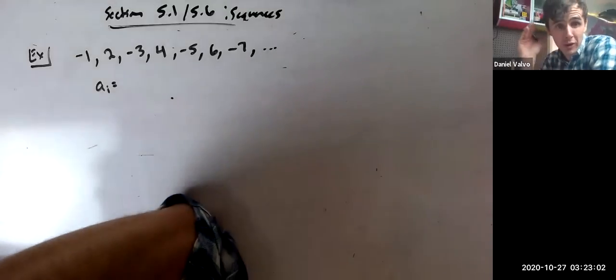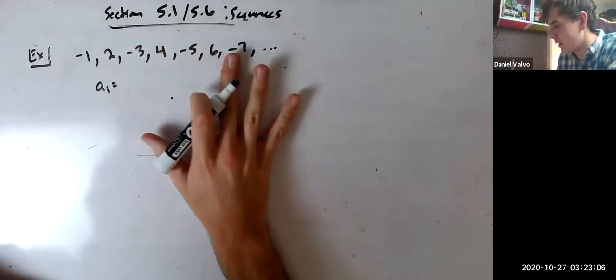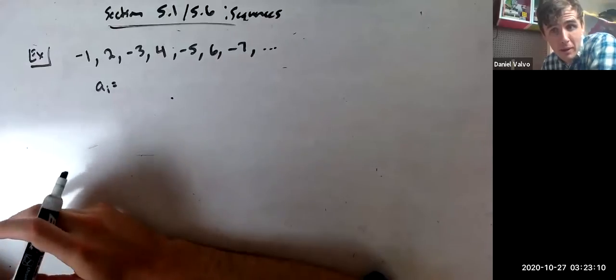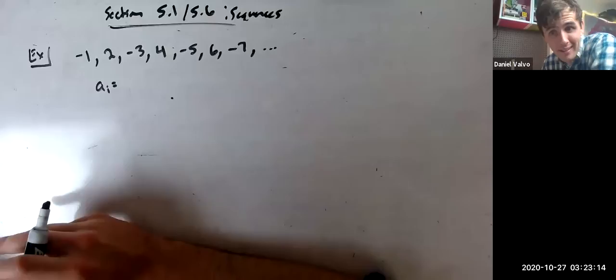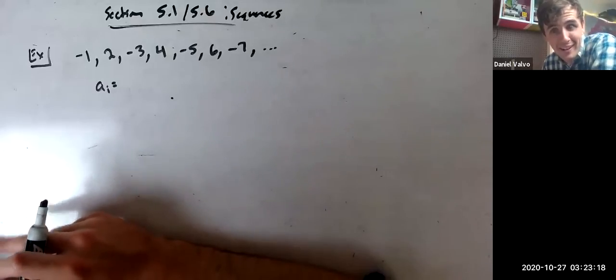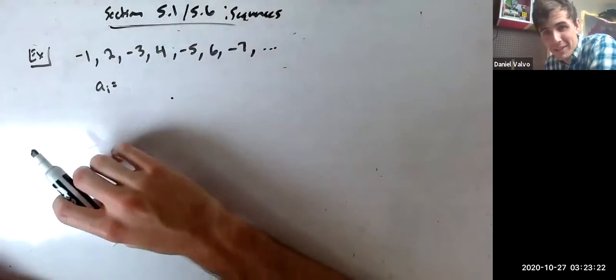Well, let's do this first, right? If we pretended these negatives weren't here, if we just look at the absolute value of the sequence, what would the pattern be? One of the simplest patterns known to man. It would just be 1, 2, 3, 4, 5, 6, 7.